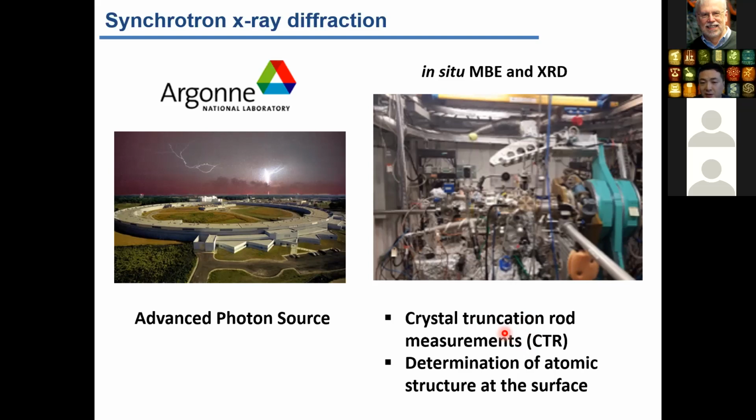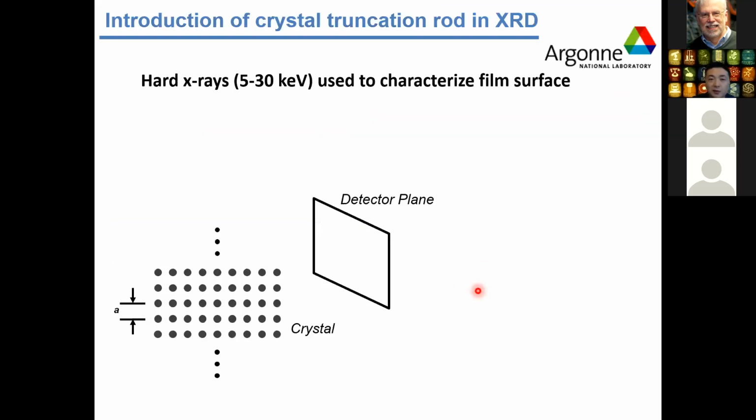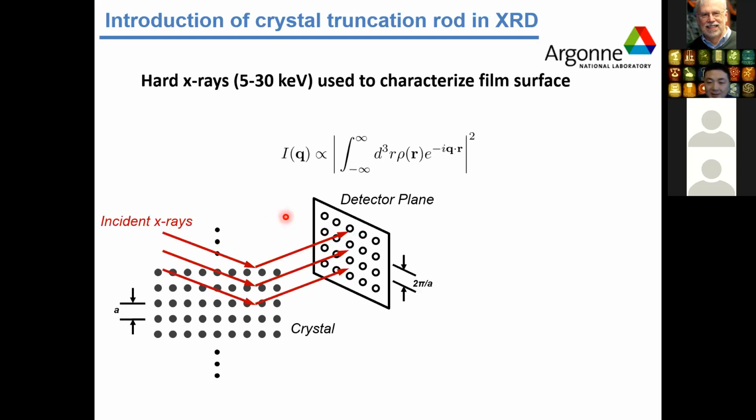This is a powerful tool to determine the atomic structure at the surface. Many of you may not know this measurement, so let me give you a quick introduction. For a normal XRD measurement, which many of you will be very familiar with, you have an incident X-ray beam onto the crystal structure, and the crystal atoms will diffract it into many specific directions, which you collect on detectors, and later you can plot them out.